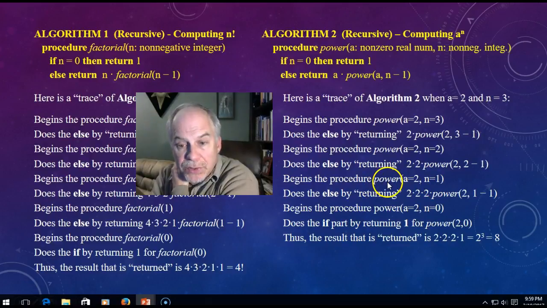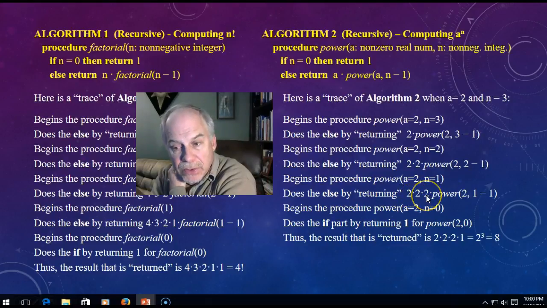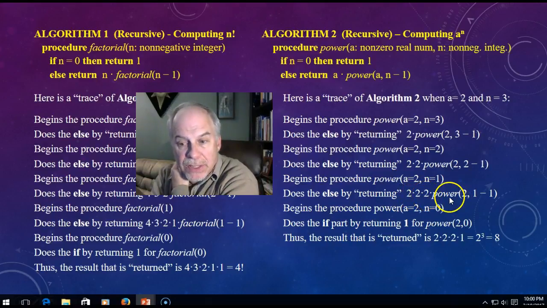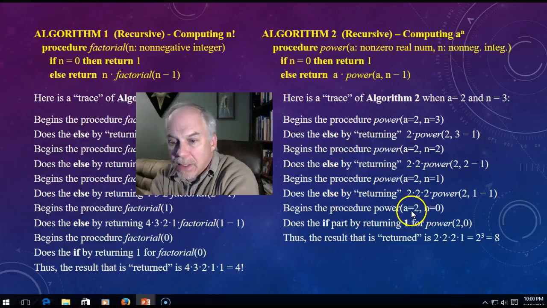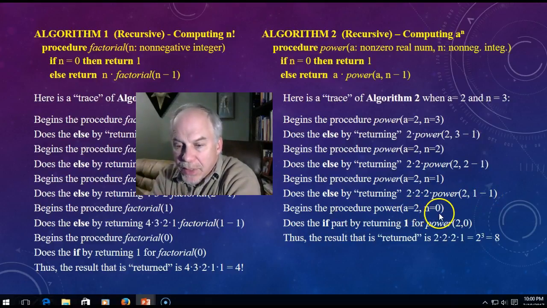But then it begins that procedure again, and it returns 2 times another 2. But then it calls into action the procedure using a is 2 and n would be 0. Now, when it gets to the procedure with n is 0, it identifies that n is 0, so it's just going to return 1.